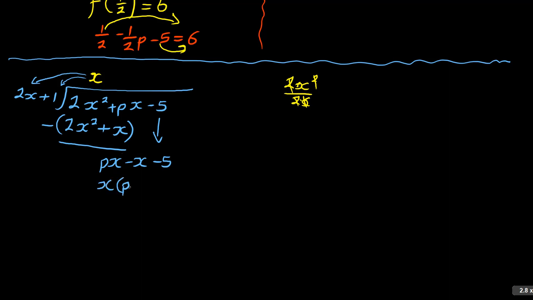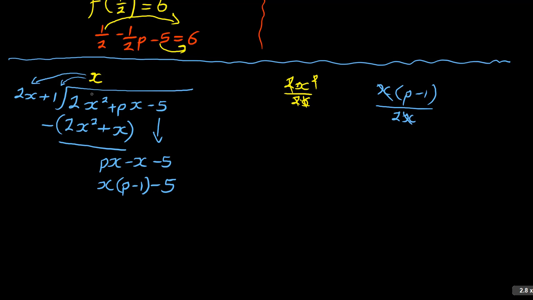I have x(p minus 1) minus 5, and then I move on to say 2x into x(p minus 1). In this case, I will have x(p minus 1) over 2x. You can see that the x will cancel, but you'll remain with p minus 1 over 2.